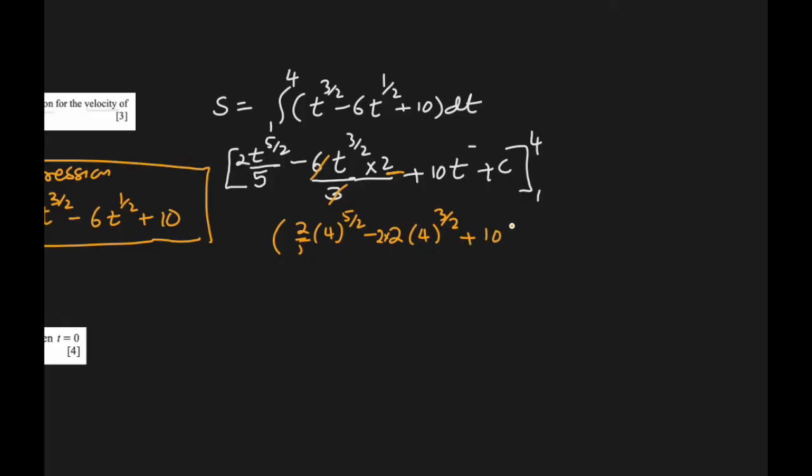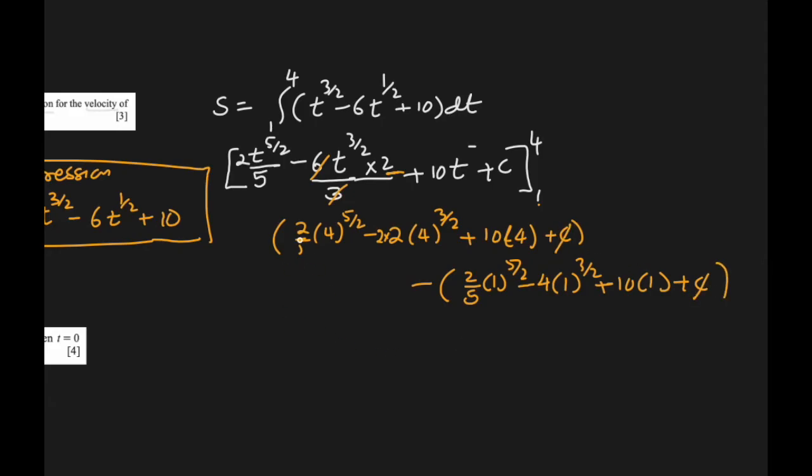Plus 10 times 4 plus C, minus, I substitute 1 now. 2 over 5, 1 to the power 5 over 2, minus 4, 1 to the power 3 over 2, plus 10 times 1 plus C, cancel out.